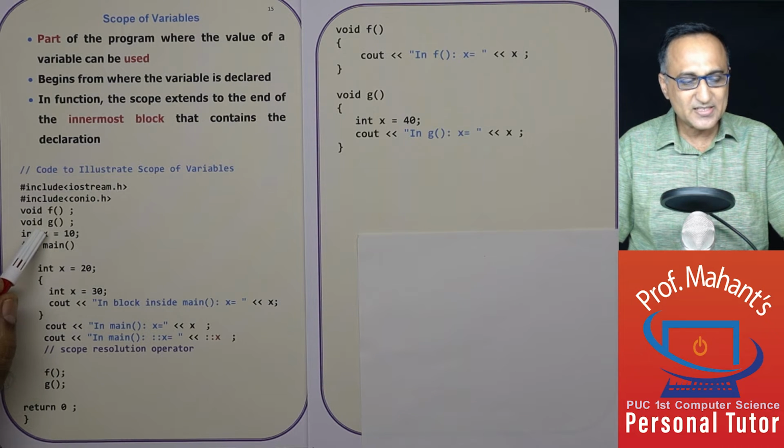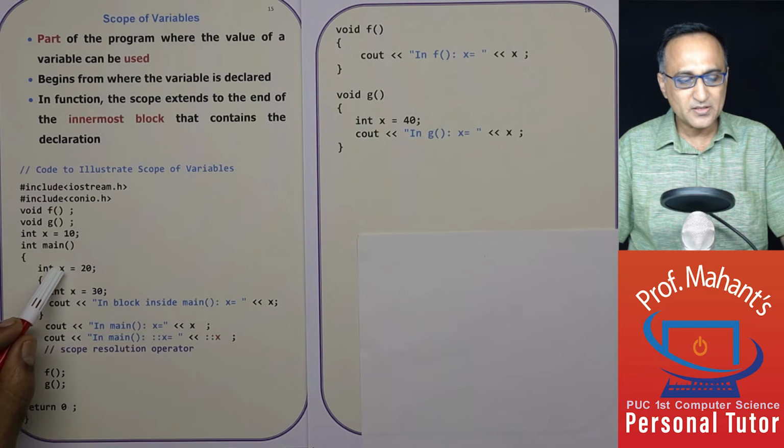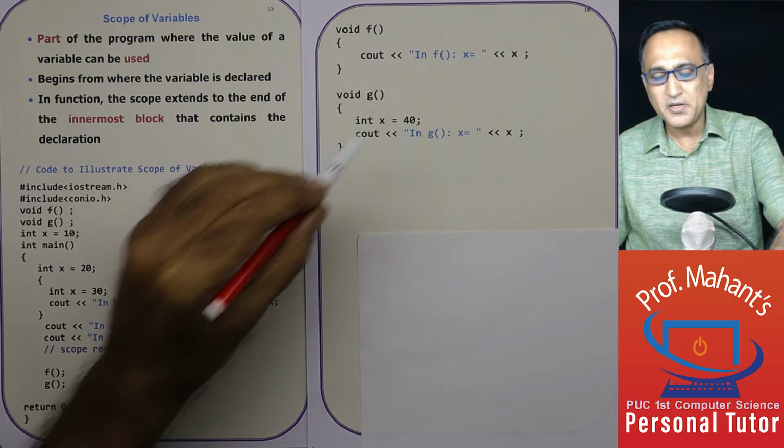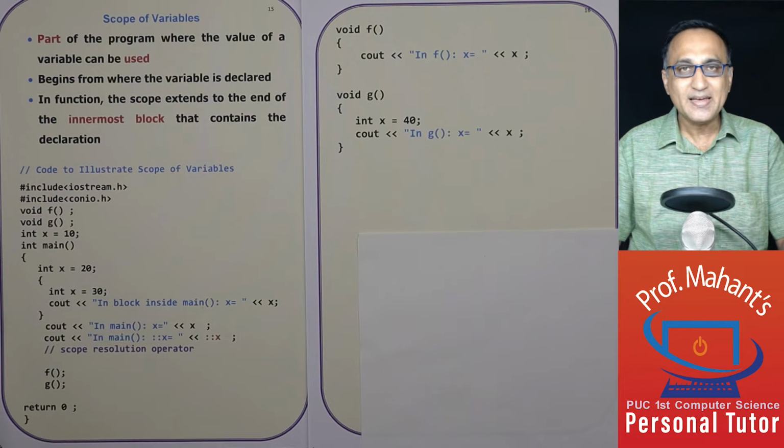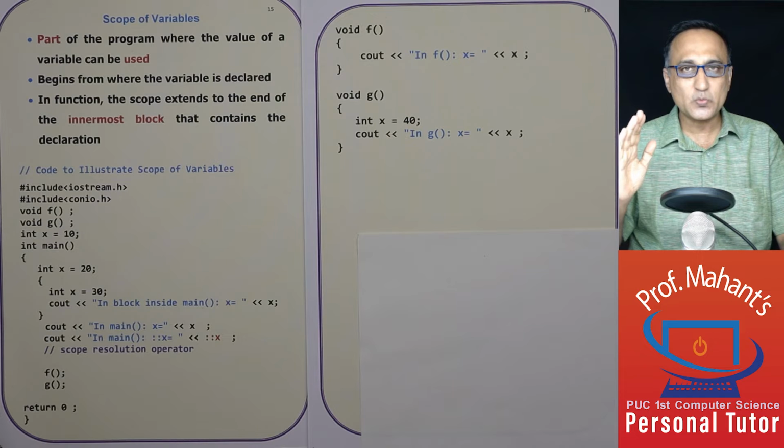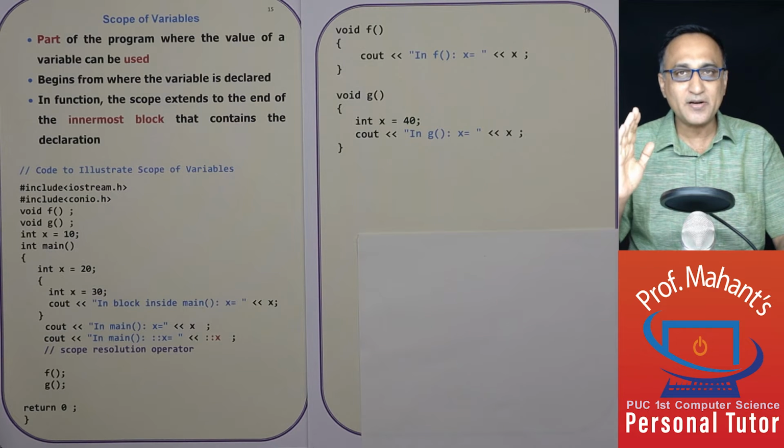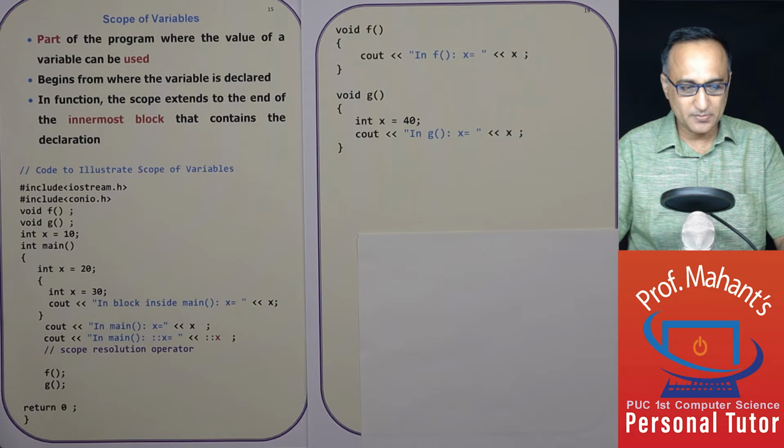This x, let's say, is in memory location 100, this could be in 200, this could be in 300, this one could be in memory location 400. Since they are different memory locations, they are different variables although they have the same name. I have given them the same name so that you clearly understand the concept.